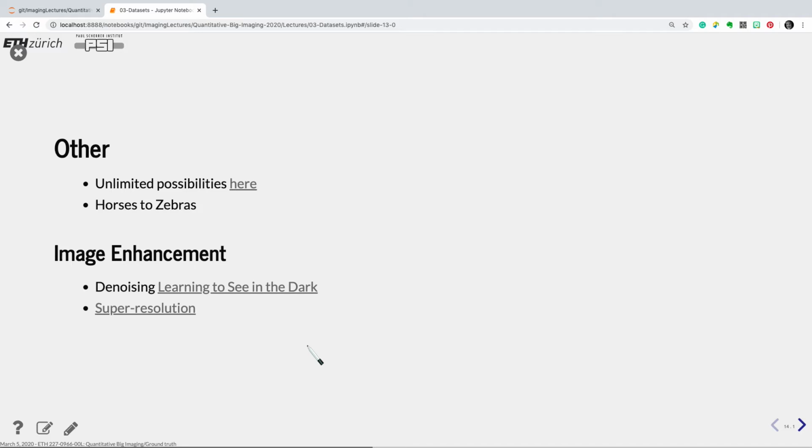Well, there are of course a lot of further possibilities on what you can do, so you can follow these links and check. Another one where you can also use the dataset is image enhancement and use for denoising.